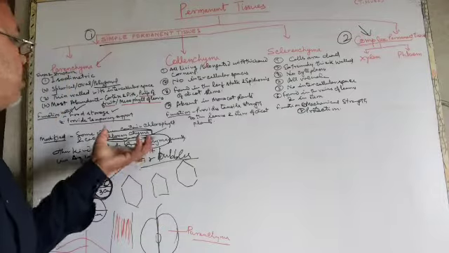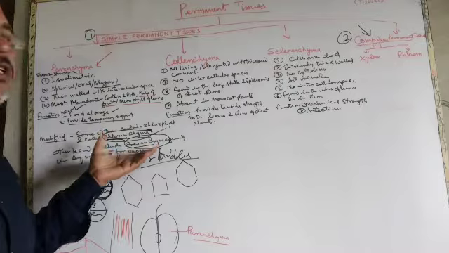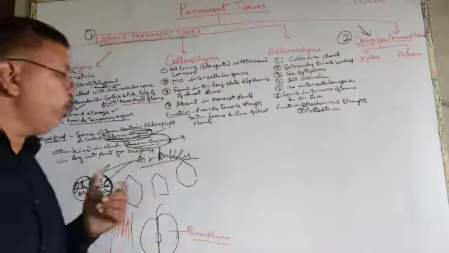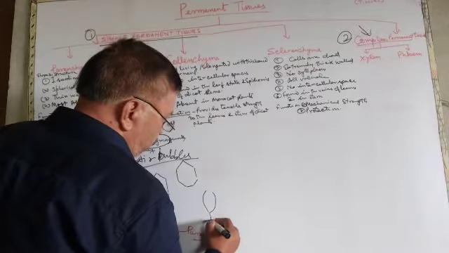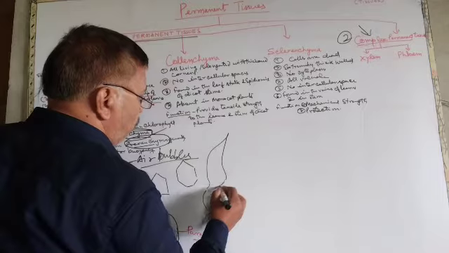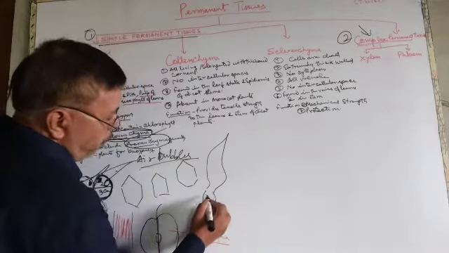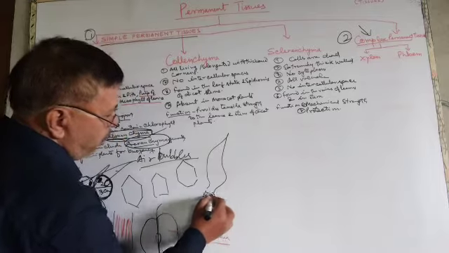And such type of parenchyma tissues are known as aerenchyma. You may have seen water hyacinth. You see these bubble-like structures, and from here the leaves grow. This is made up of sponge-like cells, tissues.